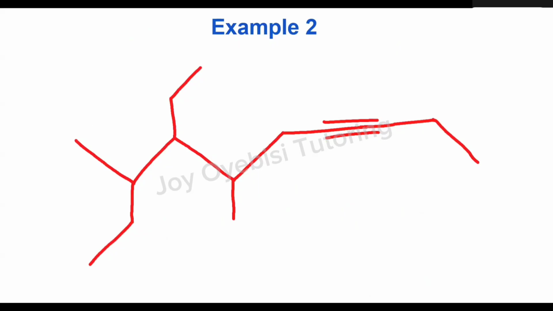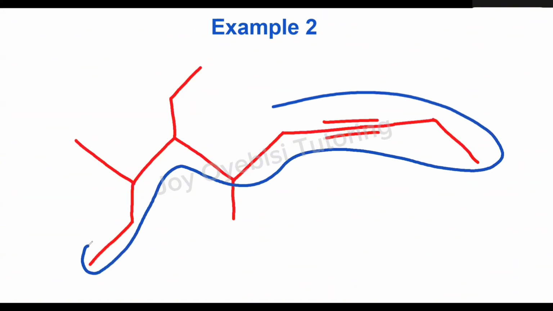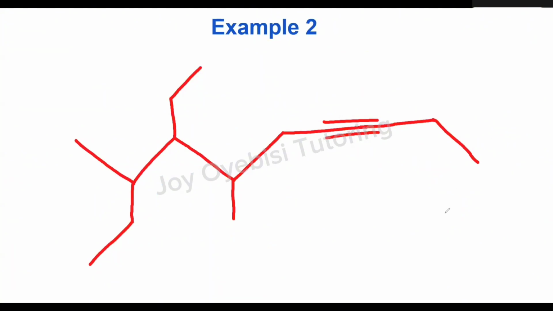Next, you are asked to name this other one. The first step, identify your longest continuous chain. All of these will be my longest continuous chain. Okay, but you have to confirm by numbering and then checking every other side just to make sure that that is your longest continuous carbon chain. So we have to number from the side that is closest to the triple bond, and my right-hand side seems to be closer to the triple bond.